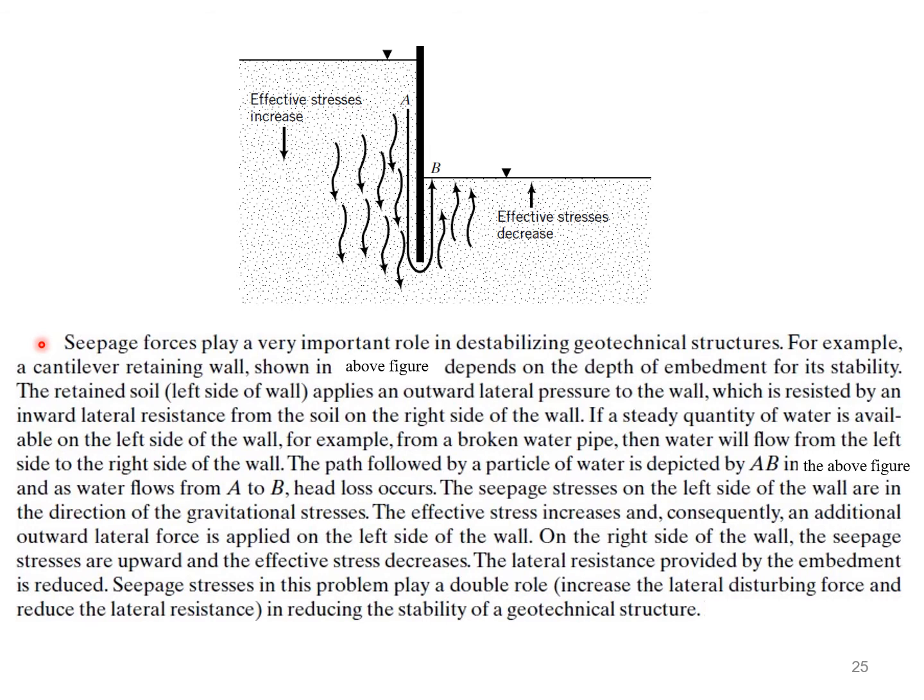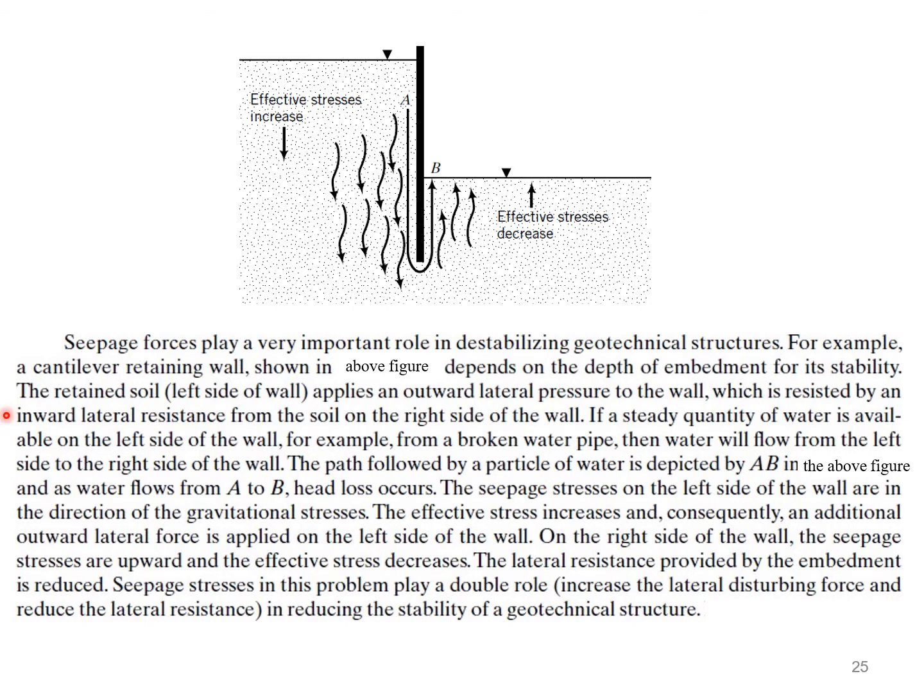Seepage forces play a very important role in destabilizing geotechnical structures. For example, a cantilever retaining wall shown in the above figure depends on the depth of embedment for its stability. The retained soil on the left side of the wall applies an outward lateral pressure to the wall, which is resisted by an inward lateral resistance from the soil on the right side of the wall.